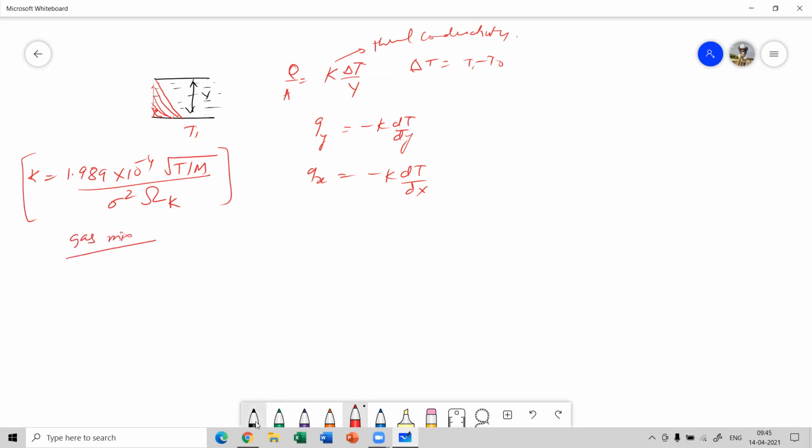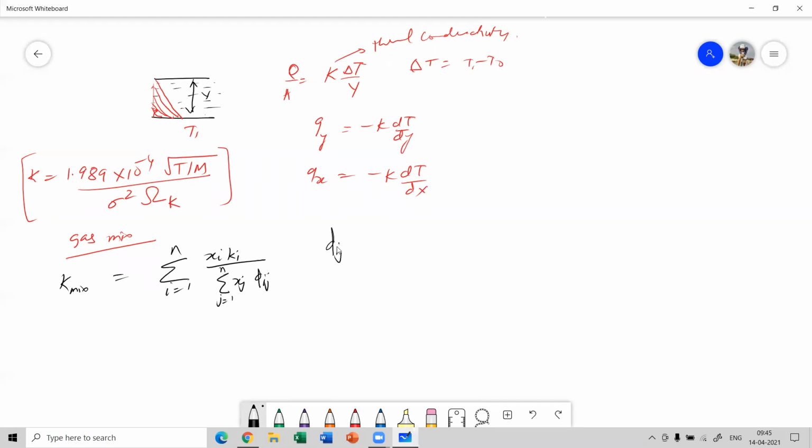For gas mixtures, it was represented as K of a mixture, which is summation i equal 1 to N, where Xi is the mole fraction of the individual gases, Ki is the thermal conductivity of the individual gases, over summation of Xj into phi ij, where phi ij is basically the interaction between the gases in the mixture.